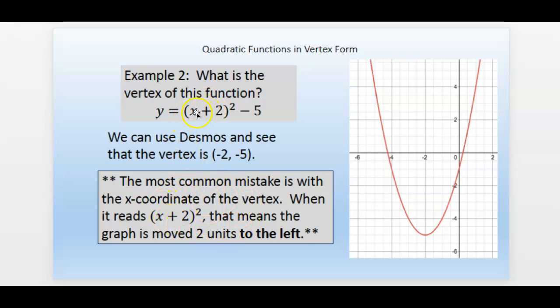It's the opposite of the way it reads in the equation, is the h, which is the x coordinate of the vertex. And guys, that's where the axis of symmetry is too, right here. X equals negative 2. It always goes through the vertex. So the x coordinate of the vertex, negative 2, is the axis of symmetry. X equals negative 2.